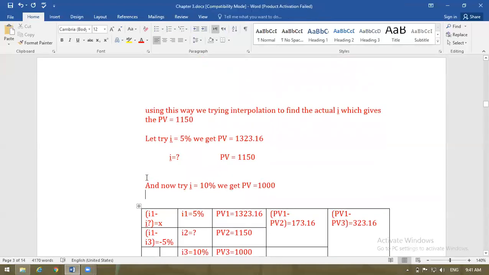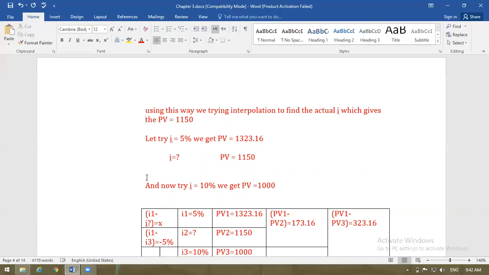1323.16, which is greater than 1150. So now I try another interest rate which gives a bond present value less than 1150. As you know, there is an inverse relation between interest rate and bond price.